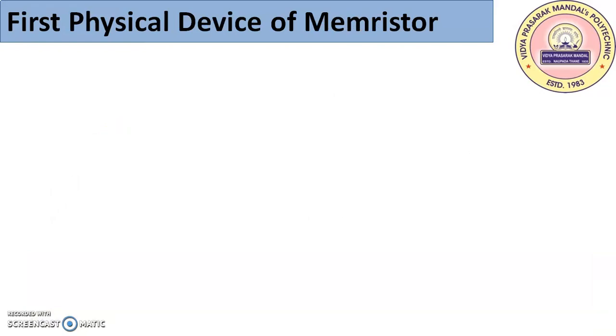Now, we must be curious how this memristor looks and how the first device was developed. The hypothetical concept of memristor postulated by Professor Chua was brought into existence after 37 years in the form of the first physical device.